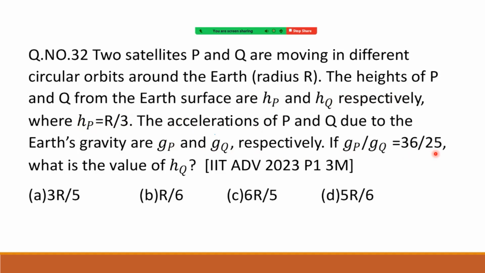So now we have to calculate the height of Q, right? So first we have to focus here. HP value is R by 3 given, the ratio of g values at P and Q is given, and we have to find HQ. See how we are solving it.